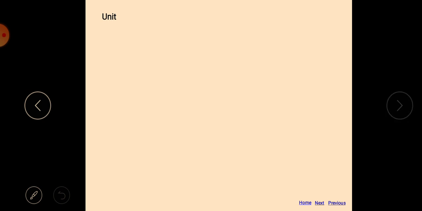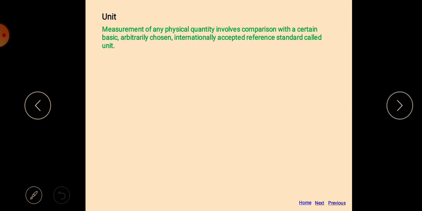Now, what is a unit? Measurement of any physical quantity involves comparison with a certain basic, arbitrarily chosen, internationally accepted reference standard called unit. There are some terms.